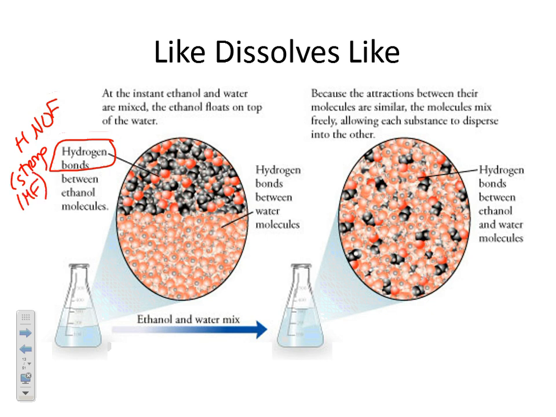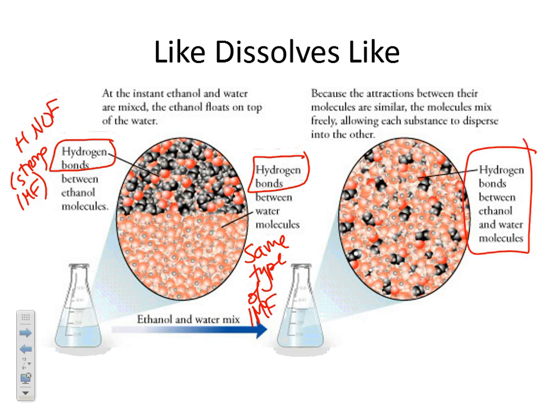And we have hydrogen bonds between ethanol molecules, and we have hydrogen bonds between water molecules. So they have the same type of IMF. And because they have the same type of IMF, now we can make that IMF in between the two separate types of molecules. Like dissolves like.